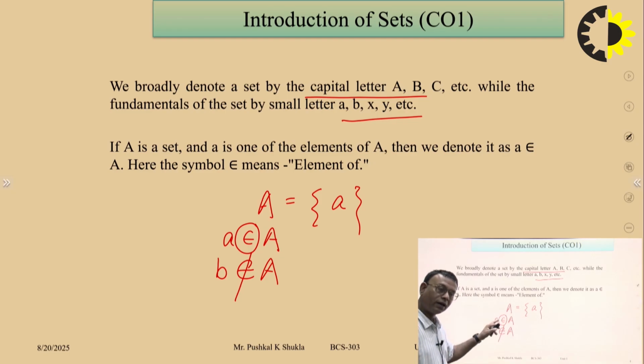Here, capital A is the name of the set, and a is an element of this set A. So a is an element of set A, a is a member of set A, a belongs to set A. Similarly, b is not there in set A, so we can say b is not an element of set A, b is not a member of set A, and b does not belong to set A.